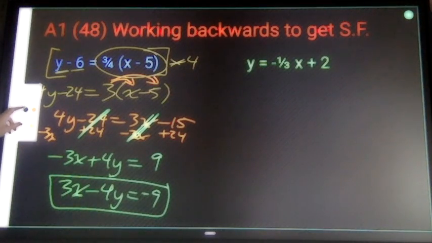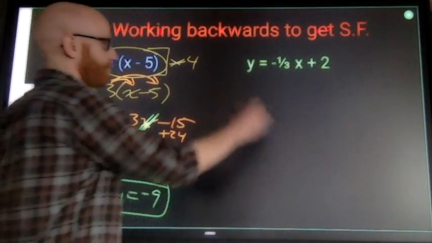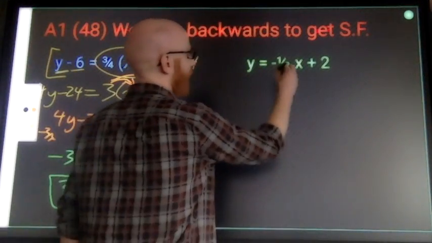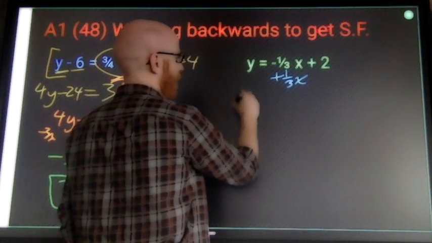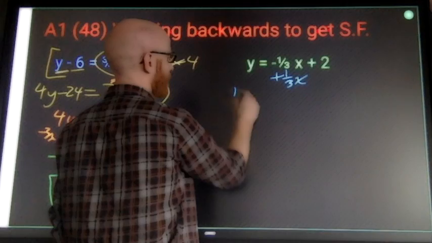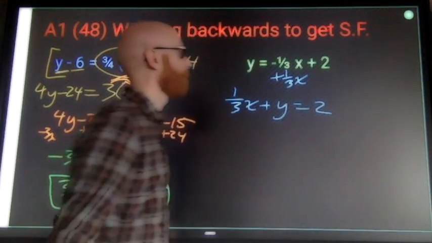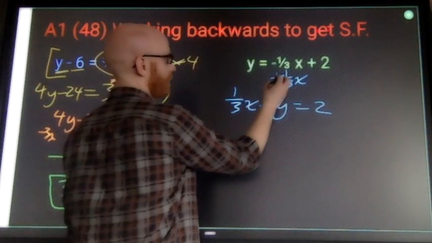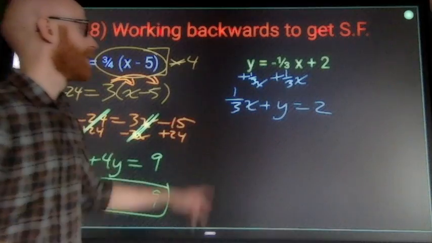From slope-intercept form, it's a little bit simpler. Add this. So both sides will have y. My fault. Let me write my x out in front. 1/3 x plus y equals 2. Okay.